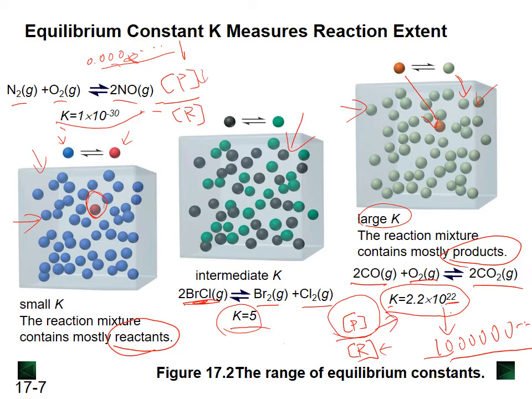If you look at this diagram, you have a similar amount of reactants and product. So again, this diagram shows you the equilibrium constant measures reaction extent. Large K means more product. Small K means more reactants.